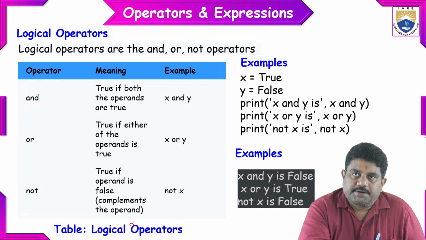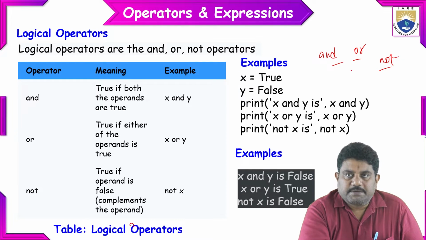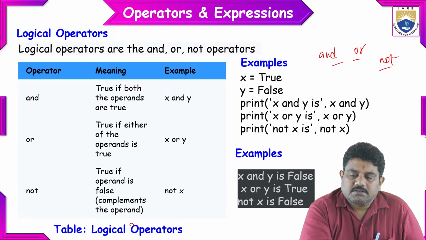Logic gates are there: AND gate, OR gate, so NOT gate, like that we know. So for those we have some truth tables also, AND gate, OR gate, and NOT gate. So to perform such a type of logical operators, we use these logical operators and, or, not.